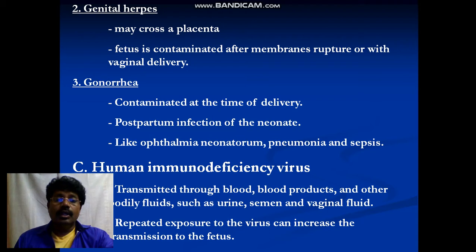Usually this virus may not cross the placenta, but if the mother has an overload of virus from repeated infection and repeated exposure, that may cause the infection to cross the placenta, and the fetus may get the human immunodeficiency virus sometimes.